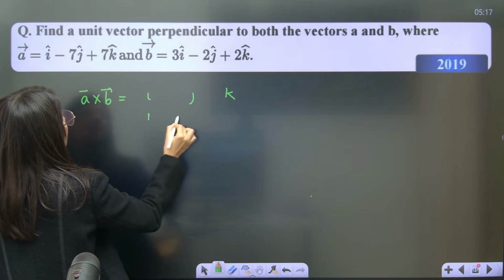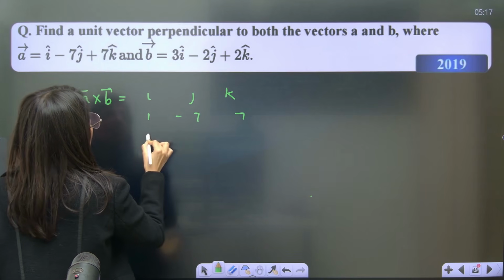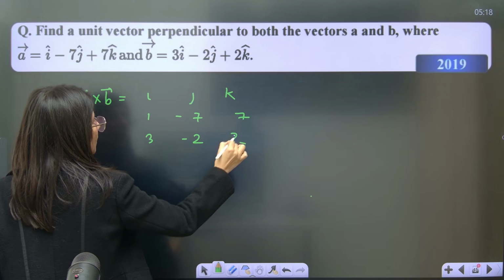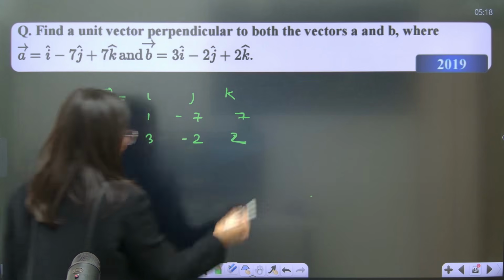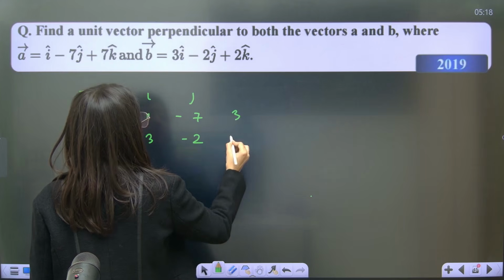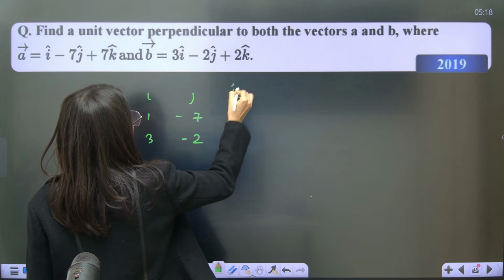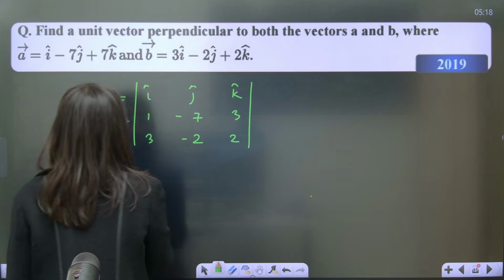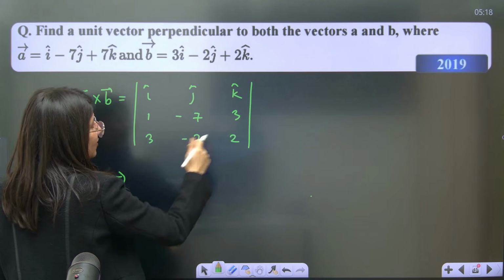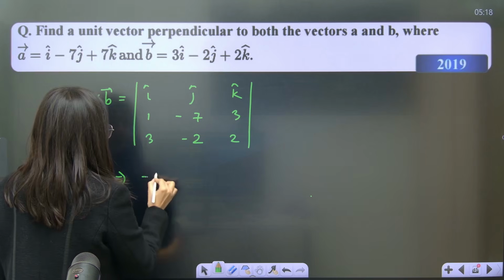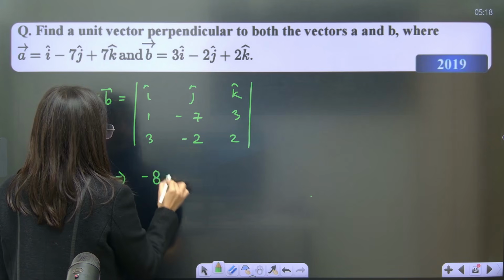Alright, this is 1, minus 7, 7, and 3, minus 2, 2. So this is minus 14 plus 6, minus 8, I cap.